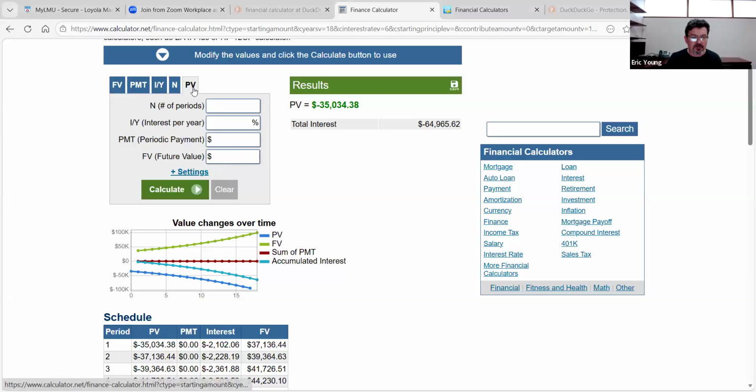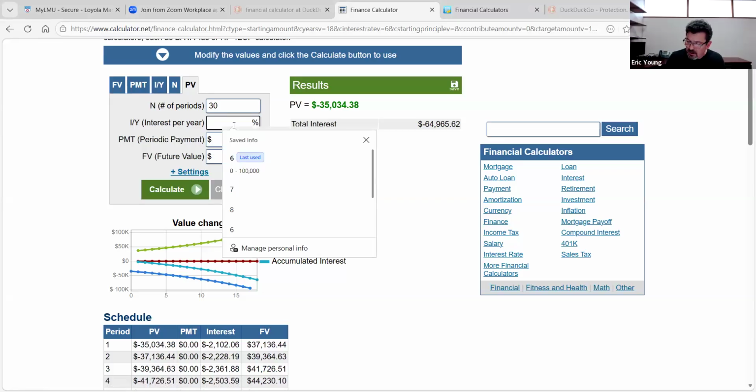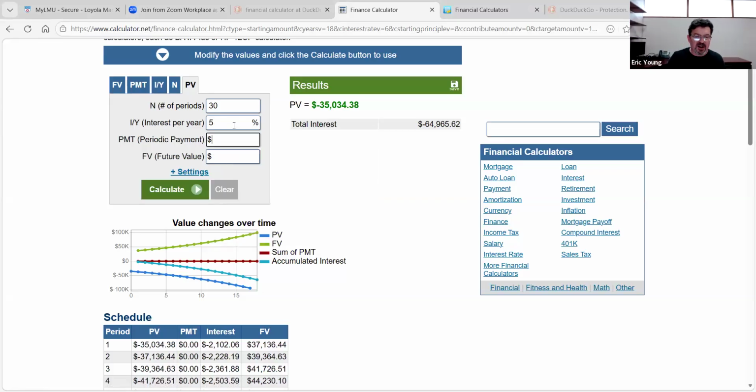We'll click present value. We want to pull money for 30 years. While we're pulling that money out, the remainder of our account can grow at 5%. We want to pull out 100,000 per year. And we don't want to leave any money in there when we're done. We're going to just burn the account out.